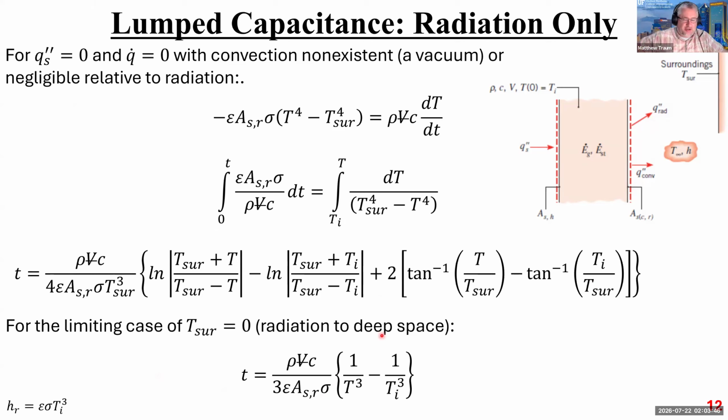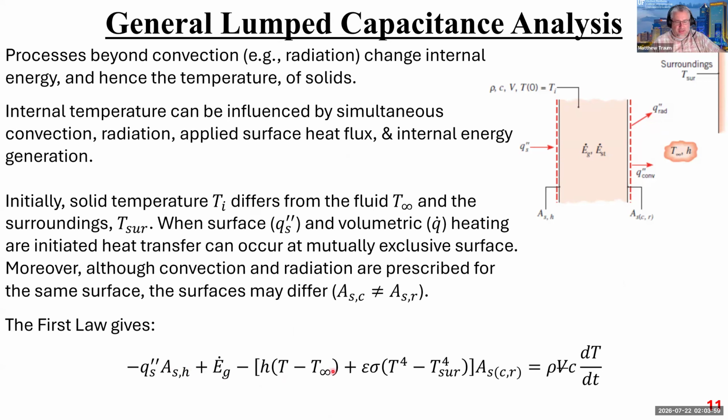So one situation where the equation is useful is for radiation. If you have just radiation and no other form of heat transfer, if you go back to this original equation, this is the radiation term right here, where you've got those fourth power exponents.